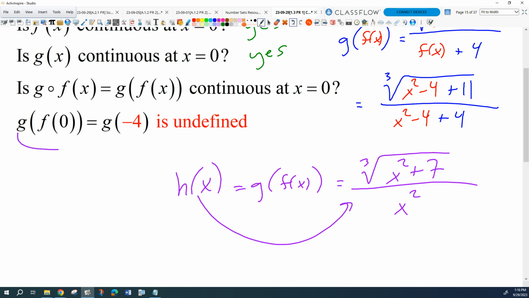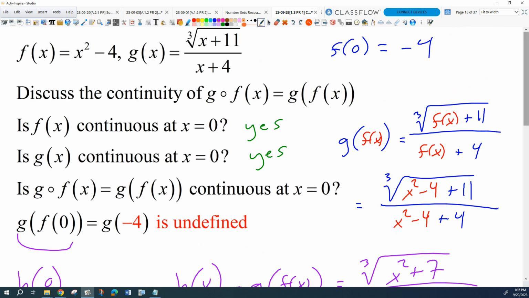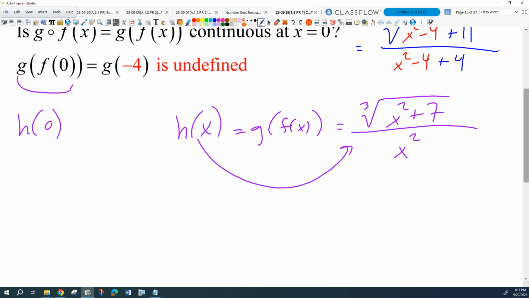Well, that's the same thing as saying h of 0, my new function. Well, no. Now we can see it pretty clearly because I've got an x squared on the bottom, right? So is there any reason to panic about this? Not really. I want you to see what we did, but in reality, if we build this composition of functions, it's going to be obvious just by inspecting the function where it's defined and undefined, or continuous and discontinuous, right?